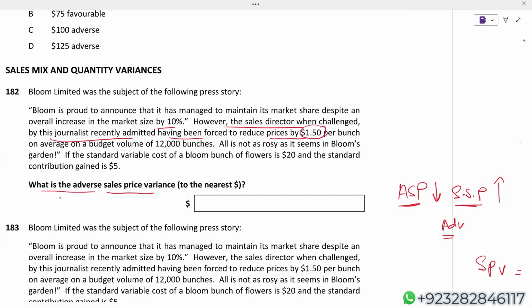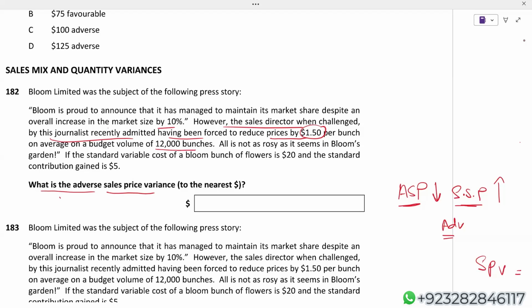So basically, they have maintained the market share, but they had to reduce the price by 1.5. Of course, when your selling price is lower than standard selling price, then your sale price variance will be adverse. Per bunch on average, the budget volume is 12,000 bunches.